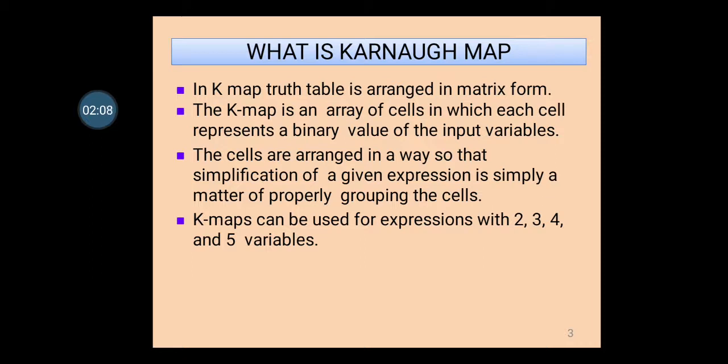The cells are arranged in a way so that the simplification of the given expression is simple, a matter of properly grouping the cells. You will understand that next when I explain all the rules of the K-map table. K-map can be used for expressions with 2 inputs, 3 inputs, 4 inputs and 5 inputs as well. That we'll study in the next slides.